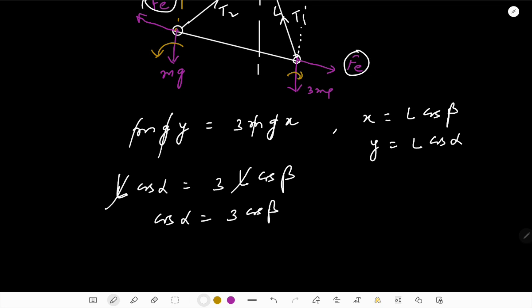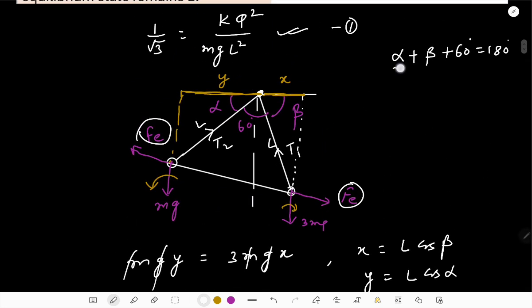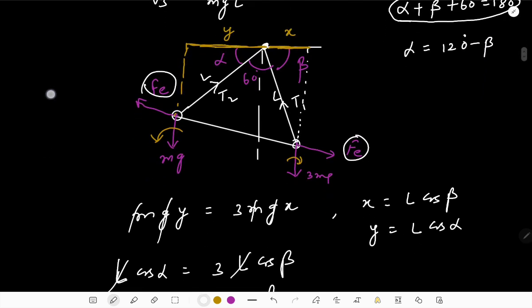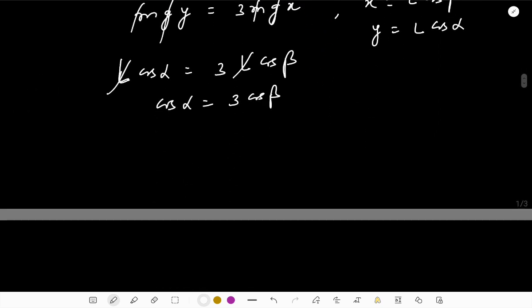We have this relation, and we have another relation too, that is alpha plus beta equals 120 degrees. Alpha equals 120 degrees minus beta, and we can put it right here, and we can get some result.